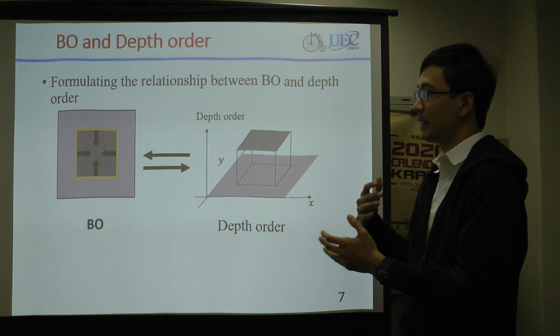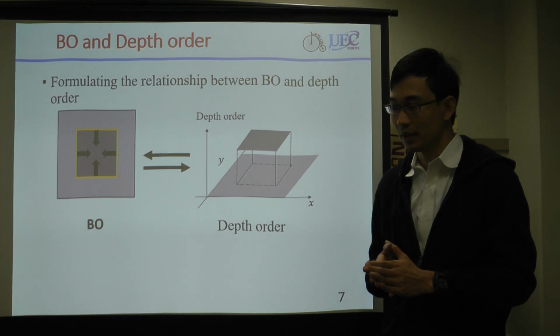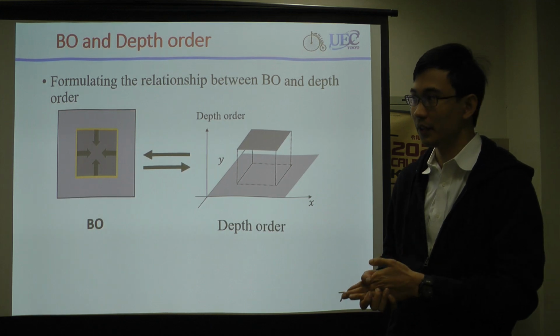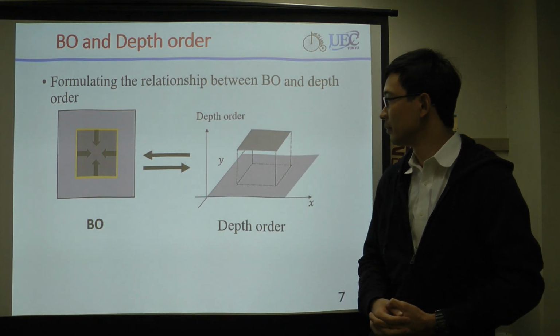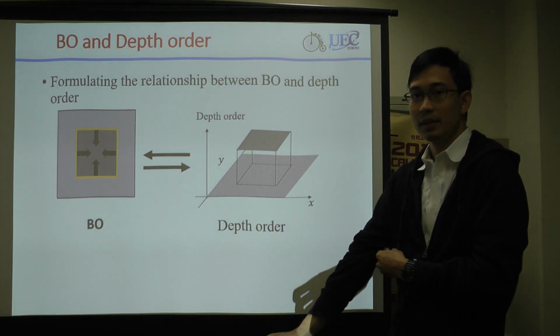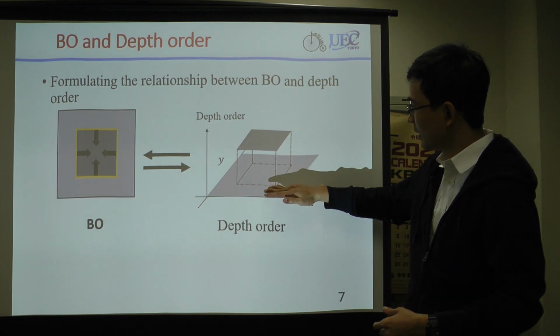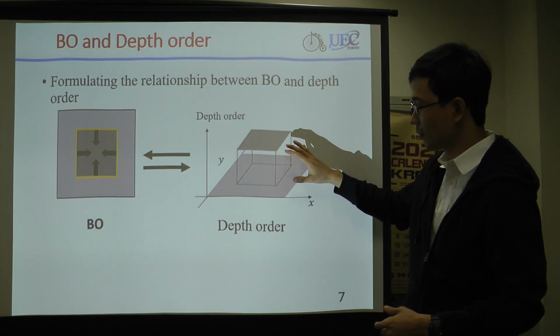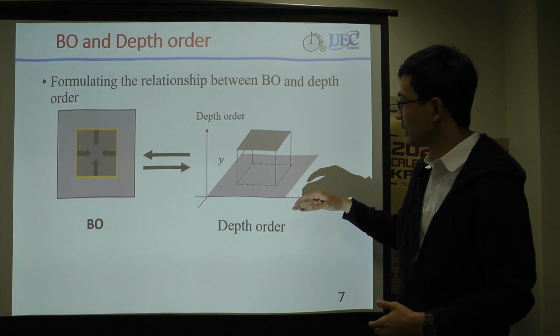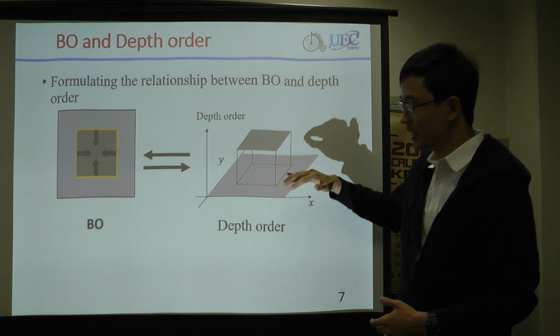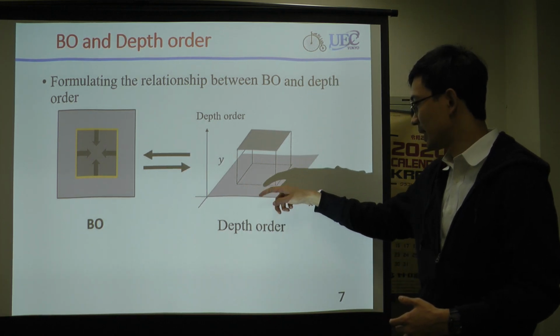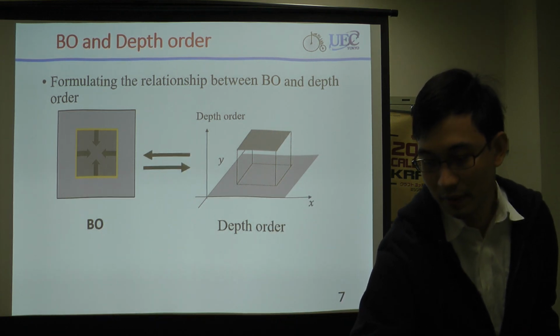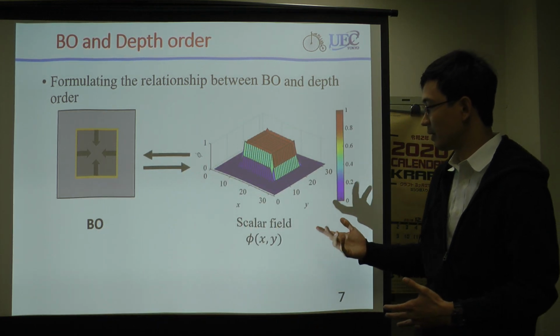So let us take a look at the relationship between depth order and border ownership, or BO. Now depth order, as you can see, is three-dimensional information. So we can represent this, for example, x, y, and z, as a scalar field, let's say phi.